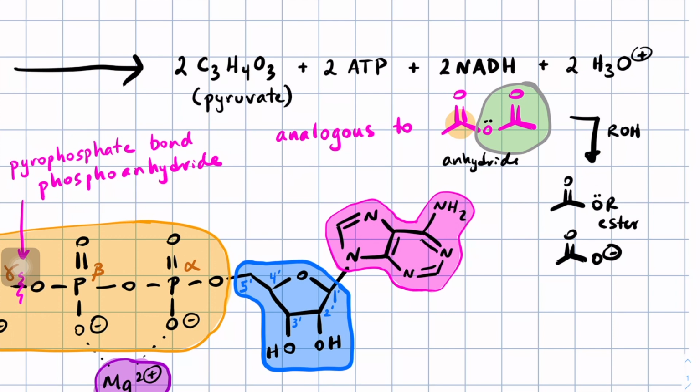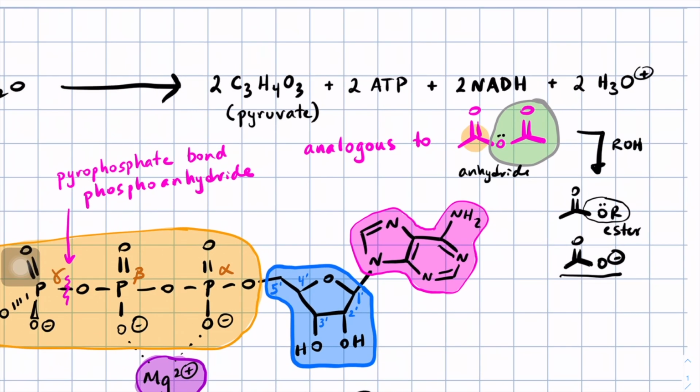And the other reason we know that esters are more stable than anhydrides is the fact that the potential leaving group on the ester, OR minus, is a much less stable leaving group than the carboxylate group.